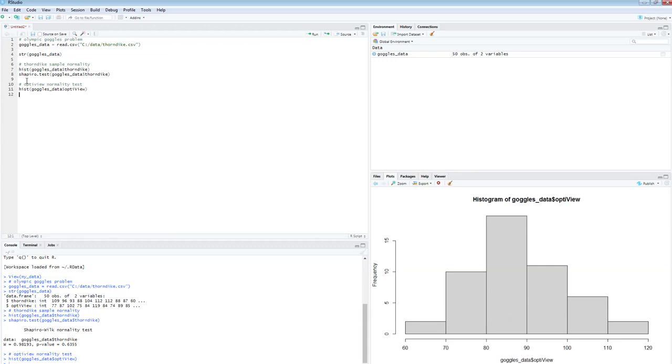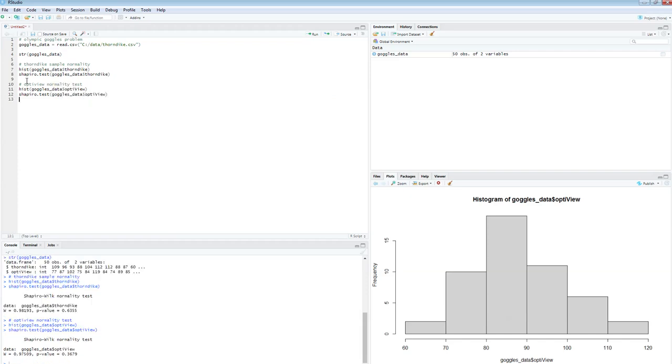Now how about the Shapiro test? Goggles data, OptiView. All right, so here is my p-value, 0.36. Again, it's higher than 0.05. Therefore, I fail to reject the null. And my null states that the sample is normally distributed. Okay, so I have a green light, right?